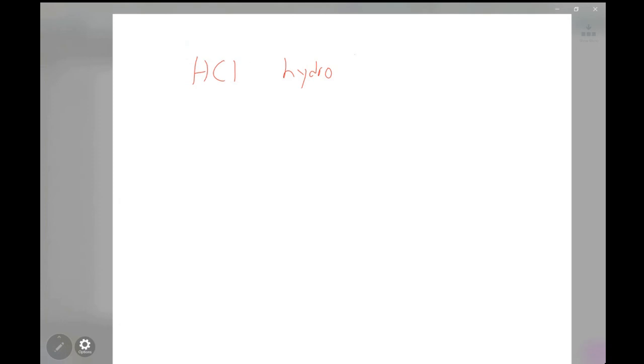The next thing to do is name my anion. So chloride. But I'm not going to keep it as chloride. I'm going to change my ending of chloride to chloric. So this becomes hydrochloric, and then I write the word acid.